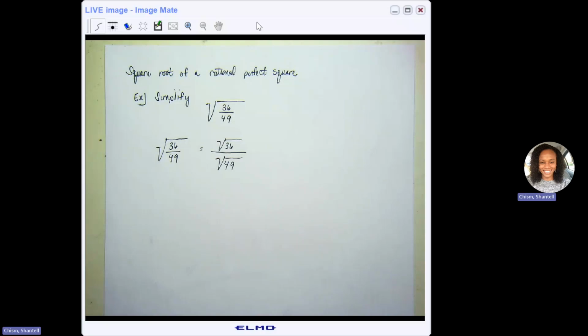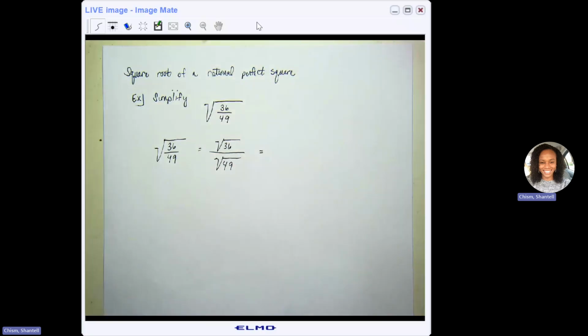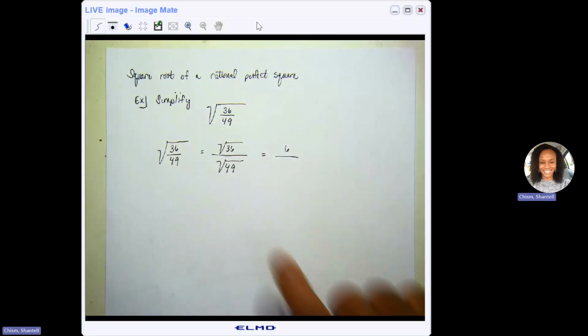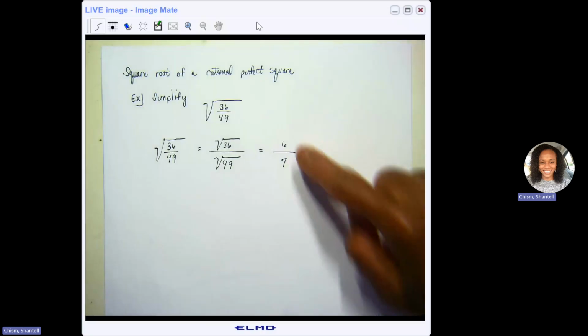Okay, so now perfect square, perfect square. So the square root of 36, you ask yourself, or you just use your calculator, what number when you square it gives you 36, and that would be 6. So the square root of 36 is 6. You still have your fraction bar, and the square root of 49 is 7. Both were perfect squares, so both simplify to whole numbers.